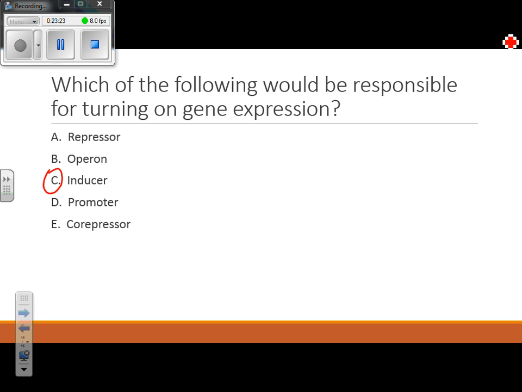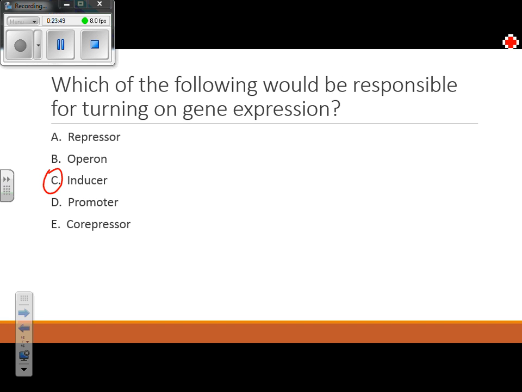And the promoter is the region in your DNA that's kind of like the initiating region. This is how your RNA polymerase knows where to add on so that it can transcribe and translate. Okay?